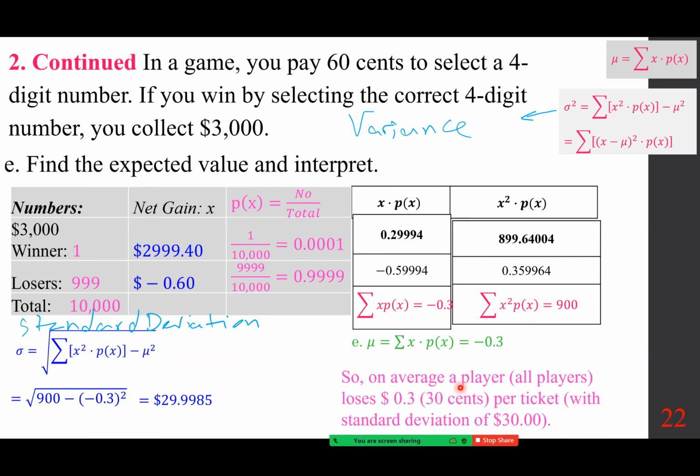So on average, a player, all players, including the winner, on average, and that's the key, loses this much, $0.3. If it was positive, we would say they would gain this much, would win this much, which means 30 cents per ticket. With standard deviation, this is almost $30. That's the interpretation.